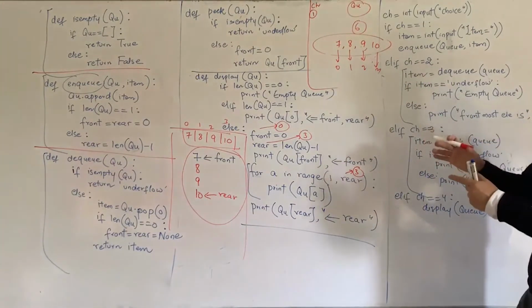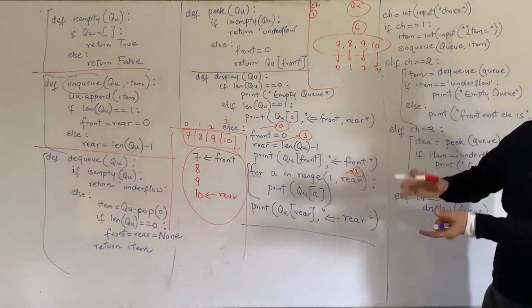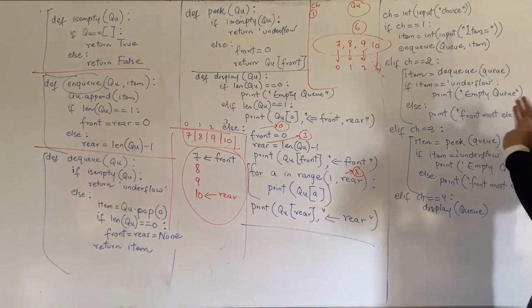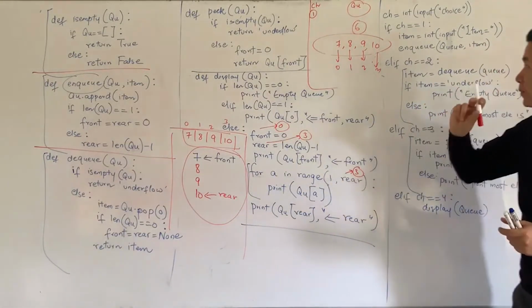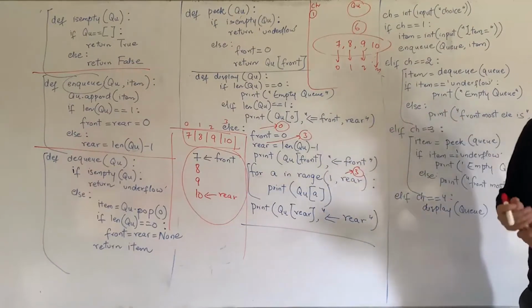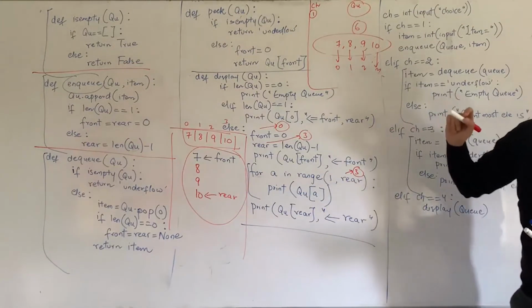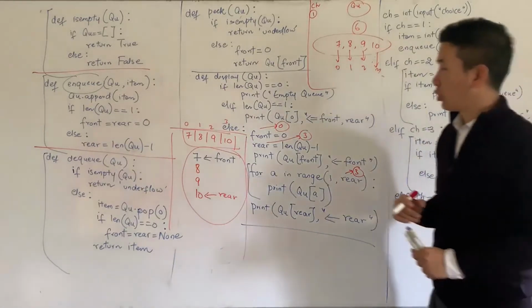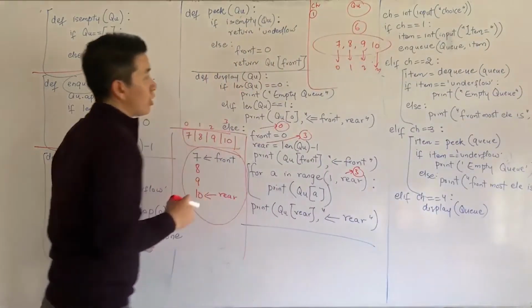Then again, another NQ followed by the display function call. And if you want to perform the DQ, in between NQ and DQ, if you could call the function of display again, you'll be able to understand better. All right, so this is all about queue.